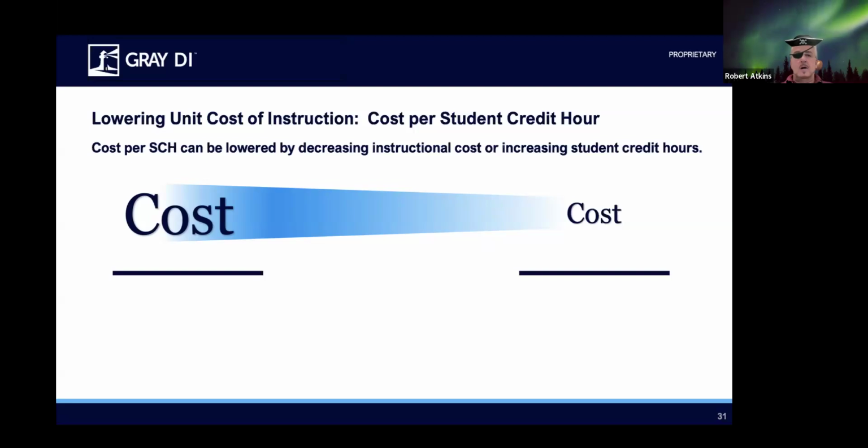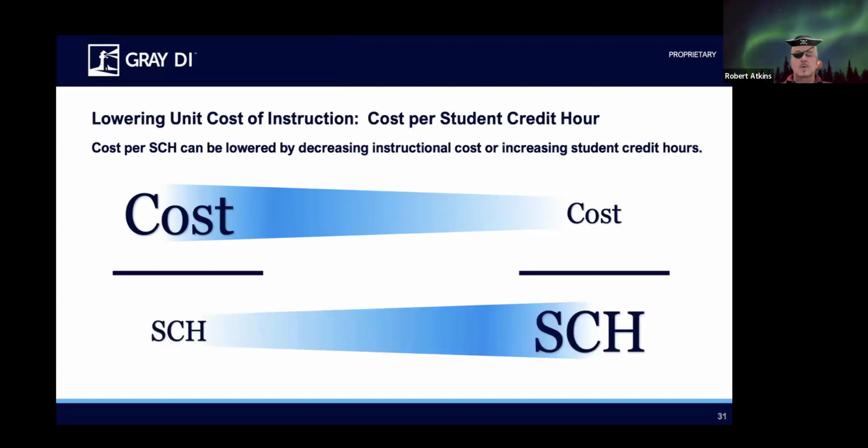That's one way. The other way is you can increase the number of credit hours taught in a given course. And given the range of instructor pay, it's actually much easier to reduce cost per student credit hour by increasing the number of credit hours than by changing faculty pay. So keep that in the back of your mind.